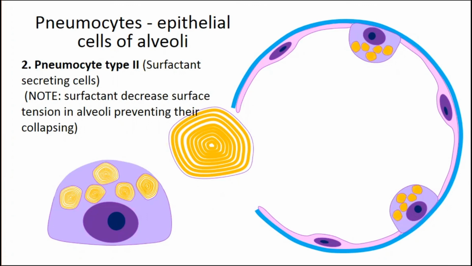If you put water in a glass and touch the surface of the water, you can see that there is some surface tension, because molecules of the water have attachment to each other and they form something like a membrane on the surface. And this surface tension may cause collapsing of the alveoli because this fluid makes collapsing of the small membranous structures, especially such as alveoli.